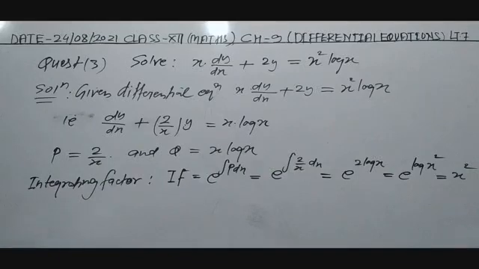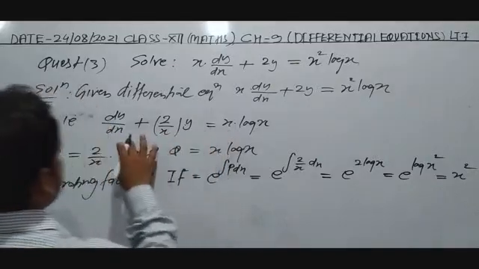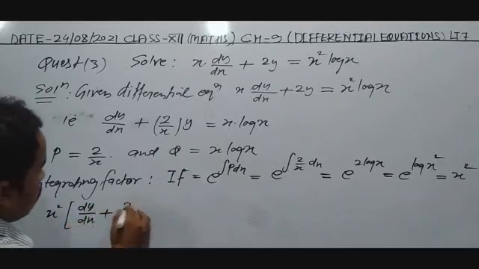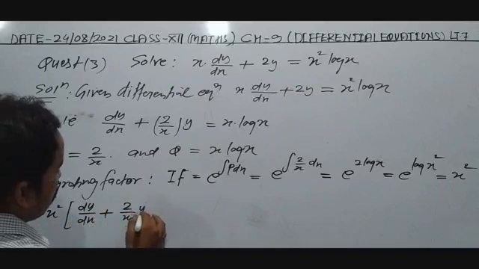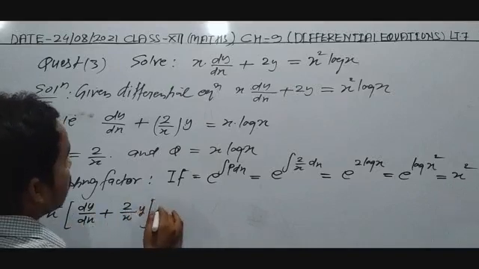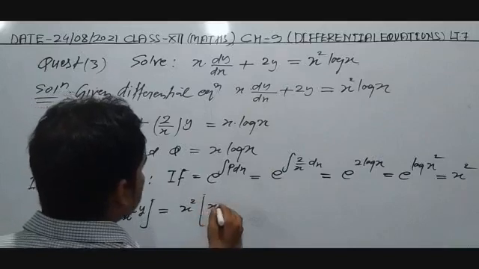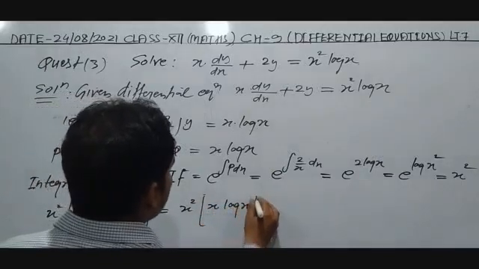Now we have to multiply the integrating factor in the equation. The main equation is in this dy by dx format. So x square multiplied by (dy by dx plus 2 by x times y) is equal to x square times x times log of x.